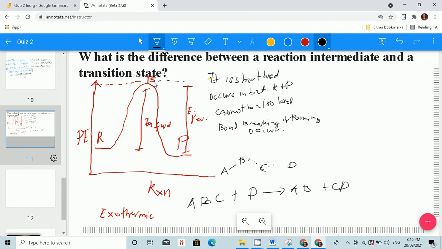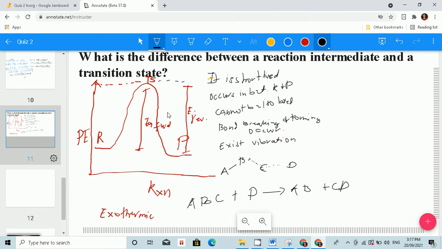And in a transition state, it cannot be isolated. It exists only as a vibration, as you can see here. That's why it's dot dot dot, and the bond breaking and bond forming occur because it's not the total bonding that occurs, but only partial bonding and partial breaking, because it only exists as a vibration.